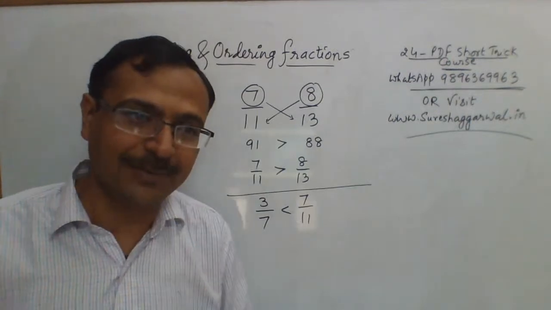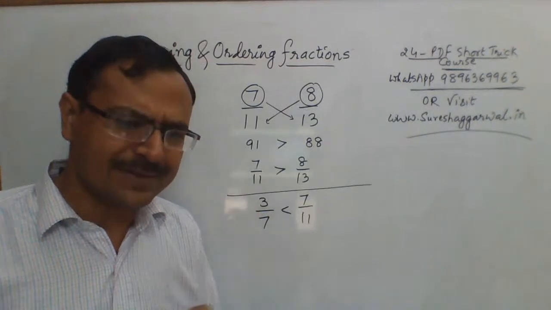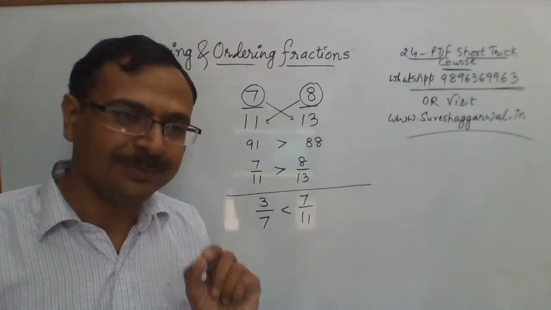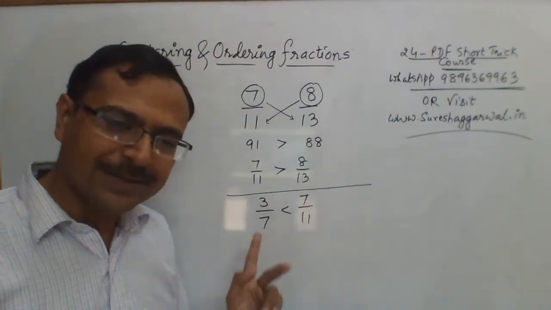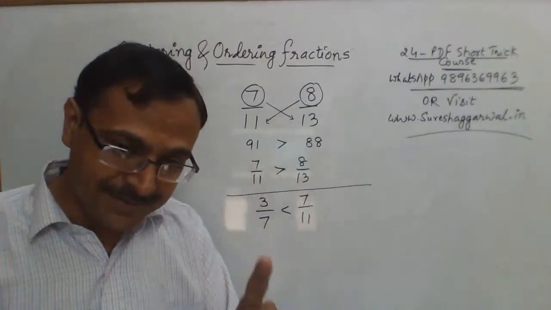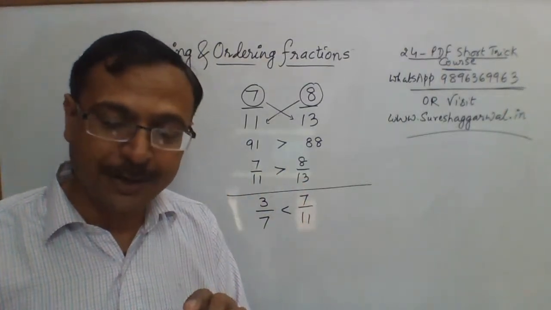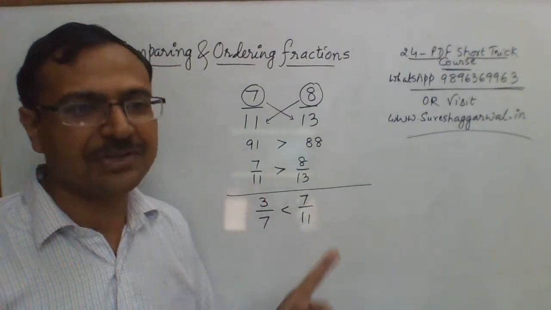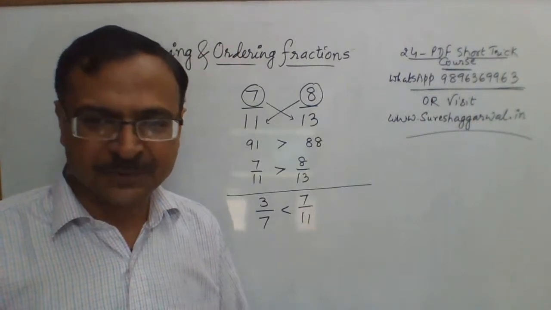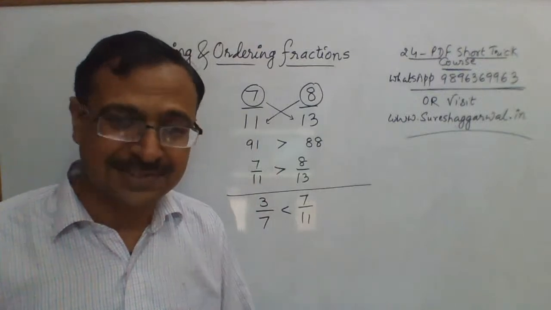Now the answers are coming when I already told it. Only 2 seconds, yes. And where will those 2 seconds go? Cross multiplication. That's it. The numerator which gives a larger product with the denominator of the other, that fraction is greater. Okay. So somebody is saying 2 seconds, half second, 1 second, 0.001 seconds, and so on.